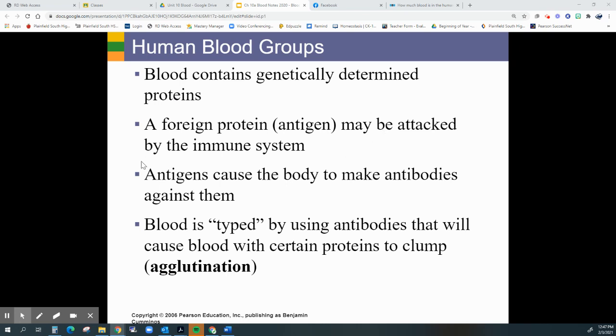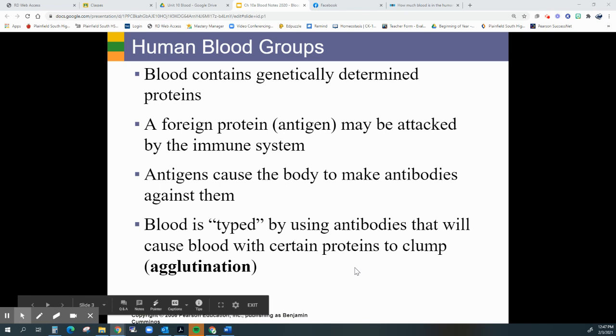All right, but what we're really looking at is we're trying to form antibodies against those antigens. The antigen is the protein, and the antibody is the protein formed by white blood cells in response to it. Blood is typed using antibodies that will essentially cause the blood to clump.